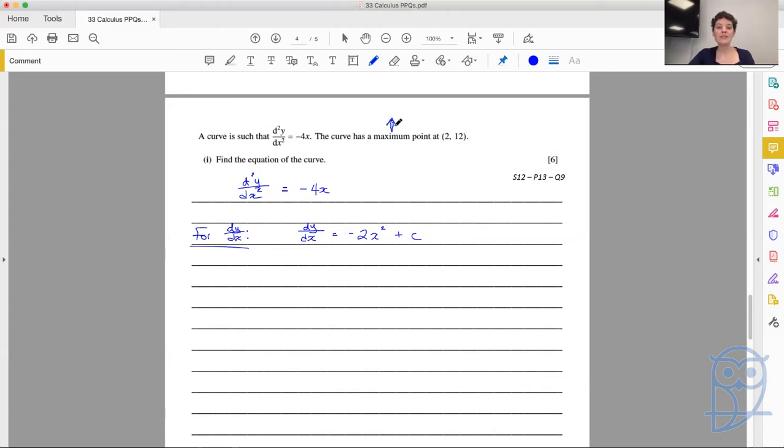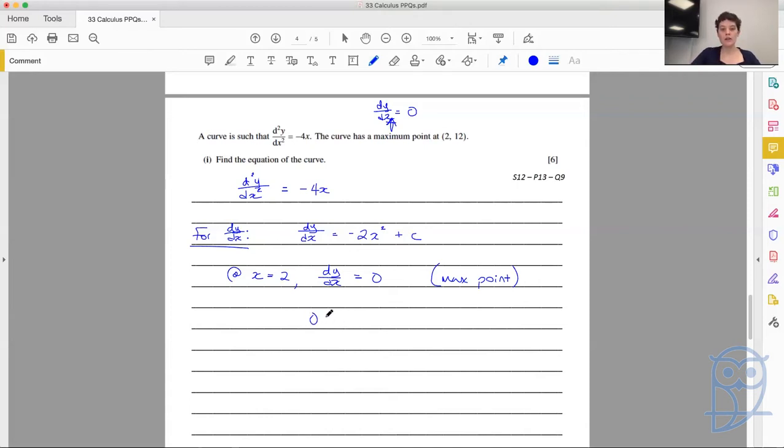Maximum point, that means then that dy by dx equals 0. So we can even state it here. At x equals 2, dy by dx equals 0, maximum point. Then it's a very clear indication of exactly what information we're using and how we're putting it in.